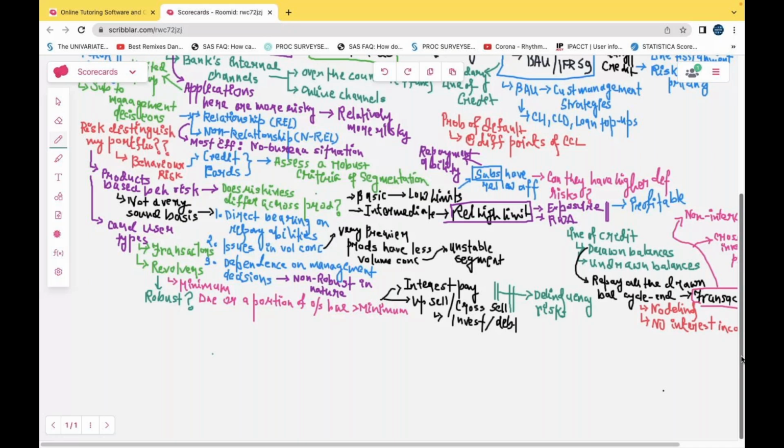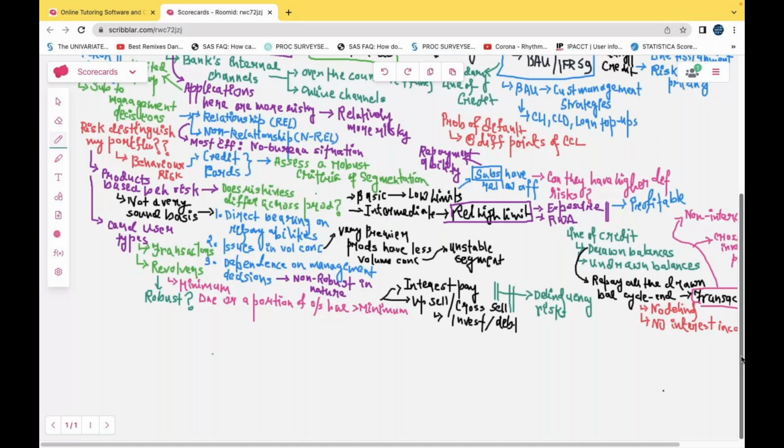In yesterday's discussion we largely spoke about transactors and revolvers. We discussed two possibilities of segmentation for a behavior scorecard. One is product type.